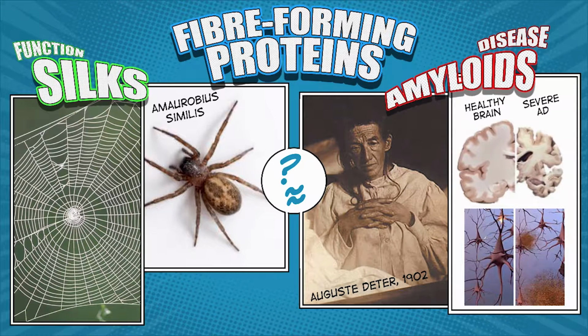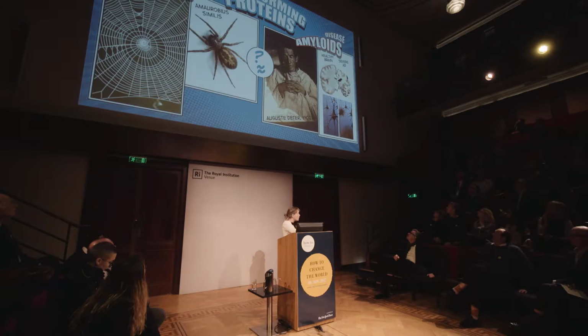Both of them are producing an enormous amount of fibrillar proteins, protein fibers. However, in the case of Auguste, these fibers are quite toxic, and the presence of these fibers in her brain was the major reason for her death. In the case of a female spider, the fibers are quite beneficial because without these fibers, she cannot survive.